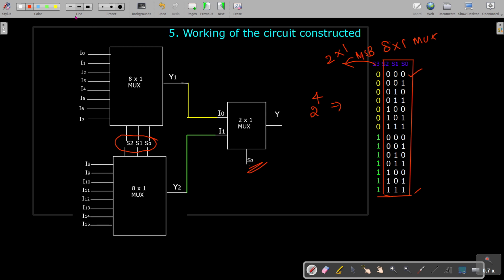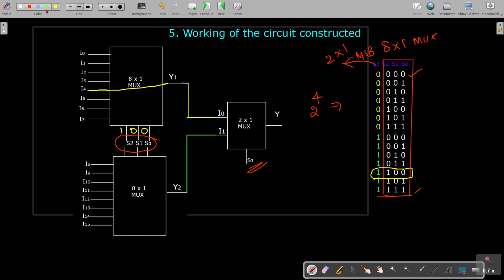Okay. Now let's see. Suppose you have this particular combination, for example, 1 1 0 0. So 1 0 0 is for here, right? 1 0 0. Which line will be selected here? This I will be selected and it will be connected here.